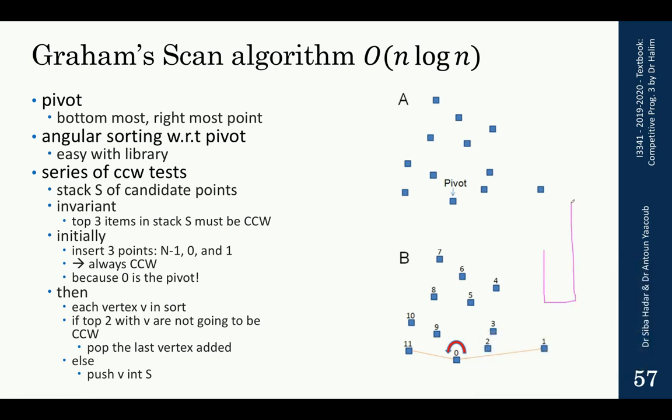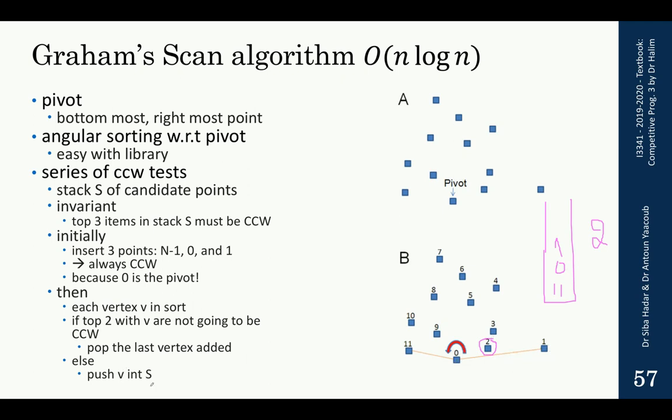So we have now 11, 0, 1, and we are considering the point 2. Before we add it to the stack, we consider 0, 1, 2. Is 0, 1, 2 going to be counterclockwise?